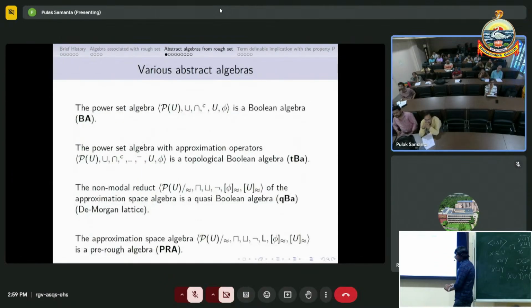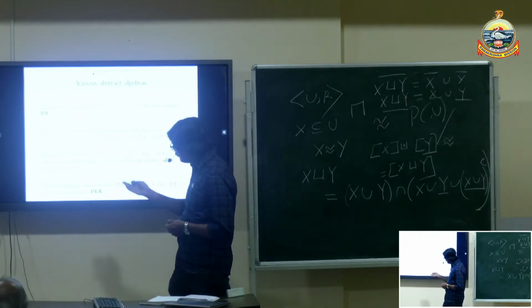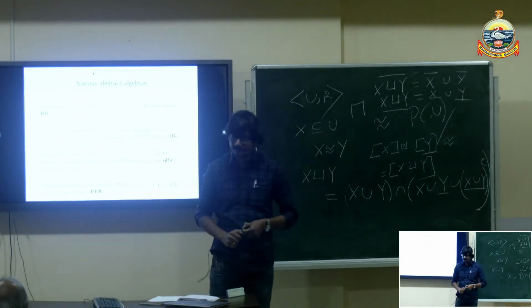Now, this power set algebra is a model of Boolean algebra. This power set algebra with the approximation operators is a model of topological Boolean algebra. This approximation space algebra is a model of Pre-rough algebra, and the non-modal reduct of this approximation space algebra is the quasi-Boolean algebra, which is the same as the De Morgan lattice.